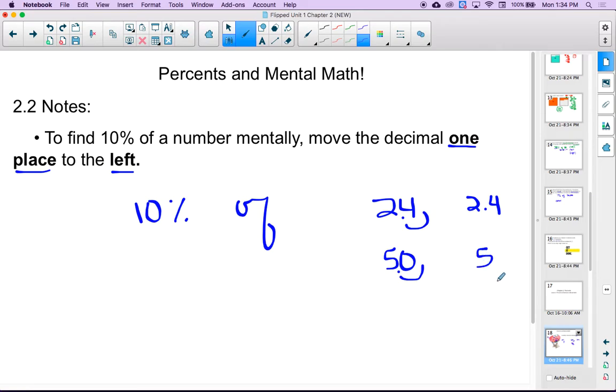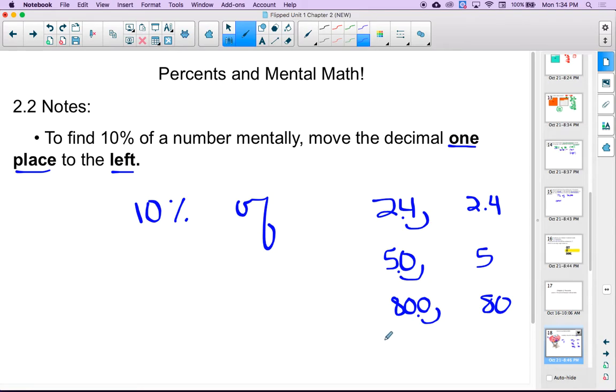The answer is 5. If I want to find 10% of 800, you guessed it, take my decimal, move it one place to the left. My answer is 80. It is very, very easy to find 10% of a number. We just take our decimal and move it one place to the left.